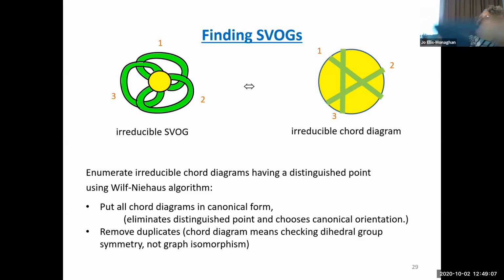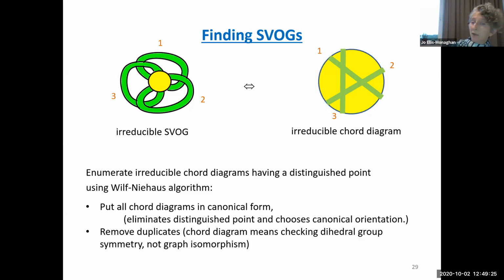So instead of looking at all embedded graphs and having to take duals and check for isomorphism of just these huge embedded graphs, all you have to do is look for isomorphisms in the dihedral group.